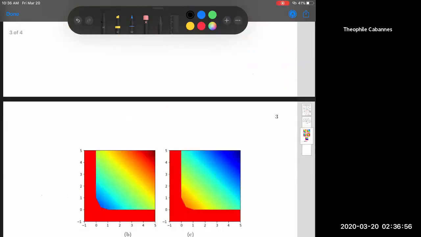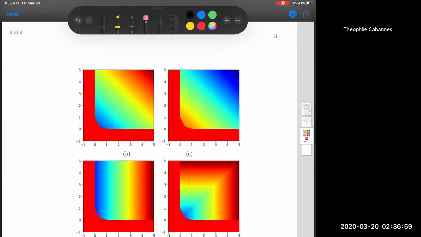And here, if I draw them on the figures, this one is x2, next one is greater than 1. This one is x2 is greater than 0. And you have the two other ones. And this is such that the set of feasible points is all those points.